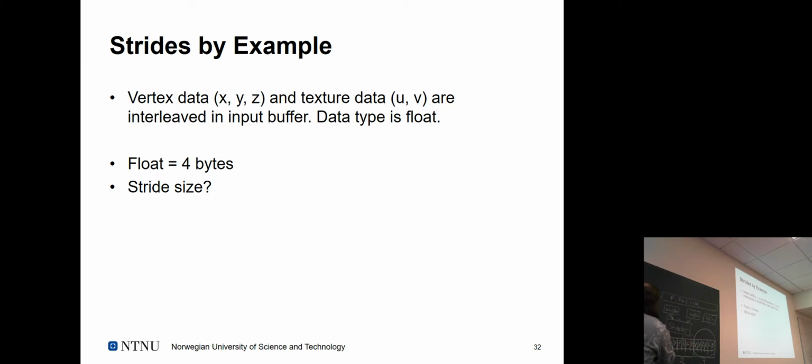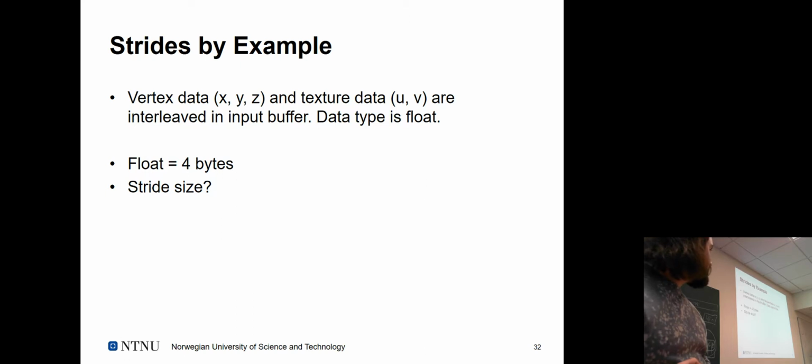So imagine here is UV, UV, etc. Each floating point is 4 bytes of data. So what should be the stride to read just the coordinates and not the texture? Just the coordinates and no texture?